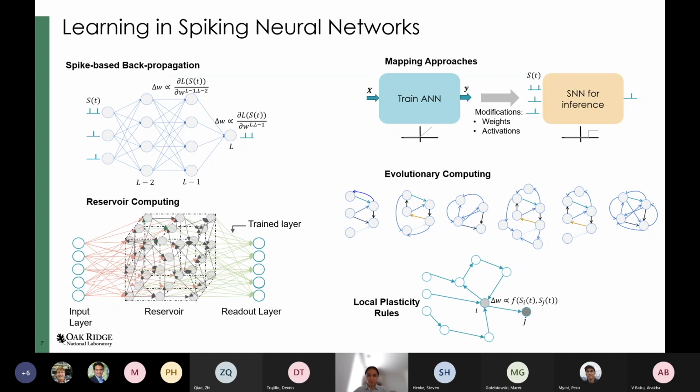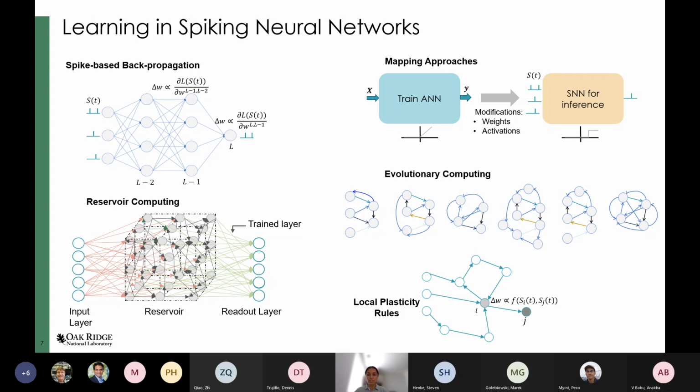And the fourth approach that's more common in our group is the evolutionary computing approach, where we make use of certain evolutionary or genetic operators to evolve the network for a given task.